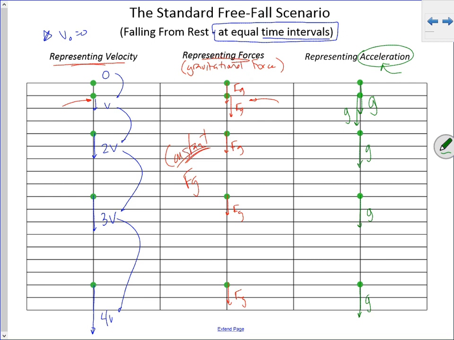So the force, and therefore the acceleration, remain constant. And that constant acceleration, remember, gives us a velocity that increases at a constant rate. And it gives us a position that increases quadratically. Okay, fair enough?